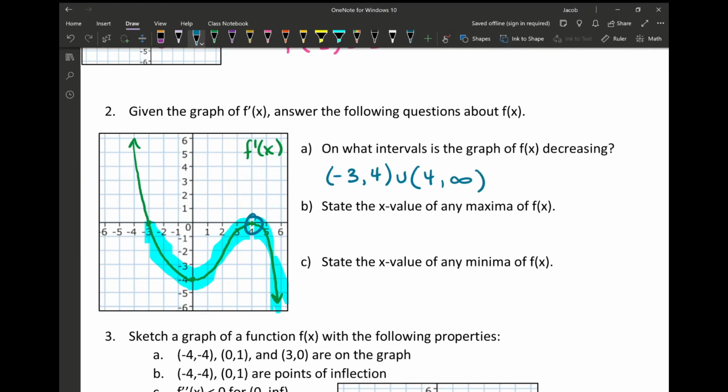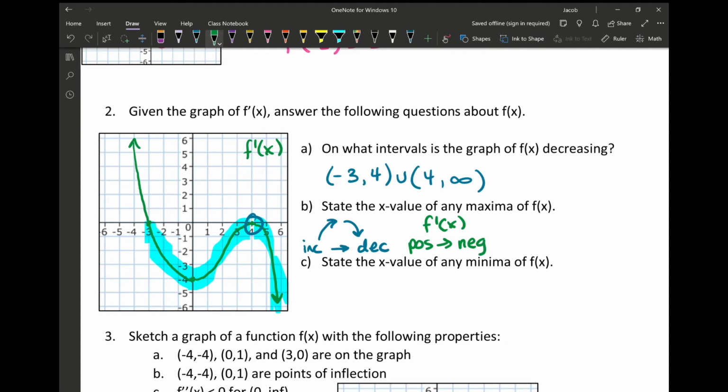Now we're looking for the x value of any maxima of f of x. If we want a maxima, that means the original function has to be increasing and then decreasing, right? Has to increase and then decrease. So our derivative ought to be positive and go from positive to negative.